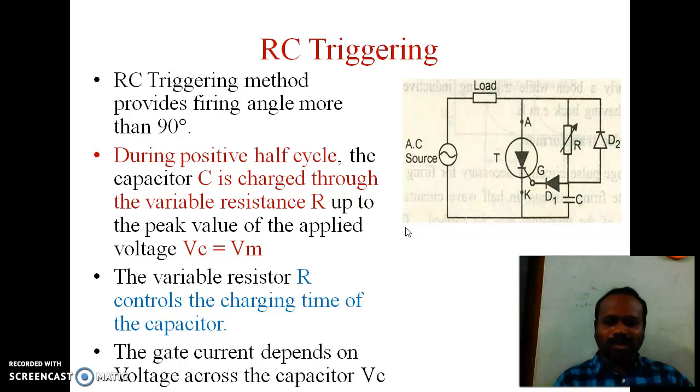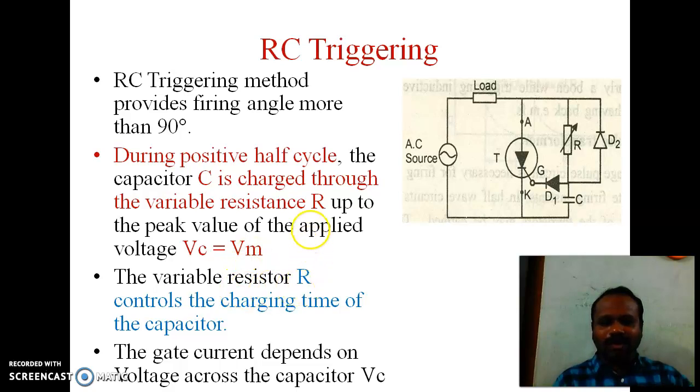Next one, RC triggering. The RC triggering method provides a firing angle of more than 90 degrees, so it overcomes the drawbacks of the R triggering. During the positive half cycle, the capacitor C is charged through the variable resistor up to the peak value of the applied voltage.